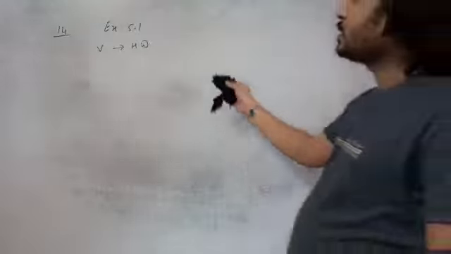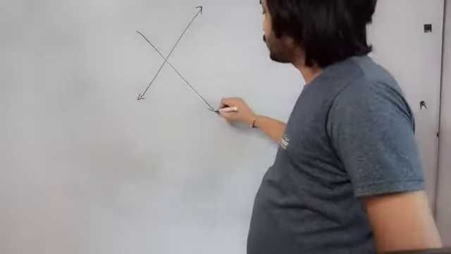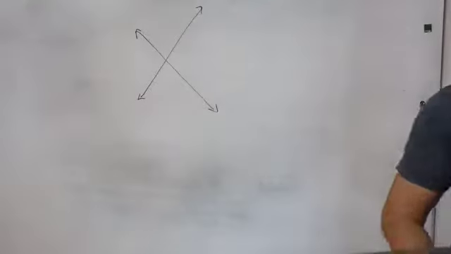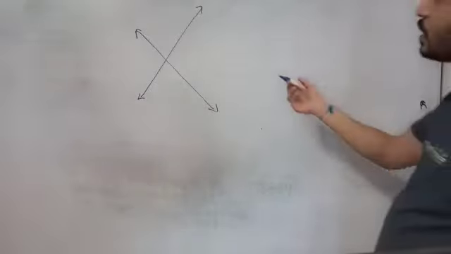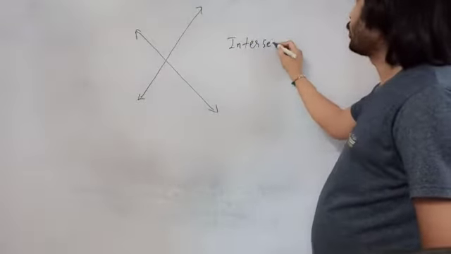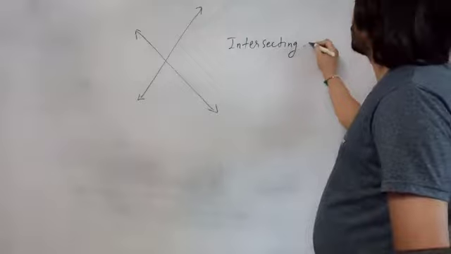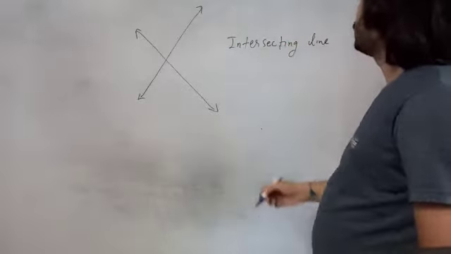Now we are moving on to the next one, intersecting lines. So when two lines are crossing each other or touching each other, when we draw these two lines and they cross each other, these two lines are known as intersecting lines.